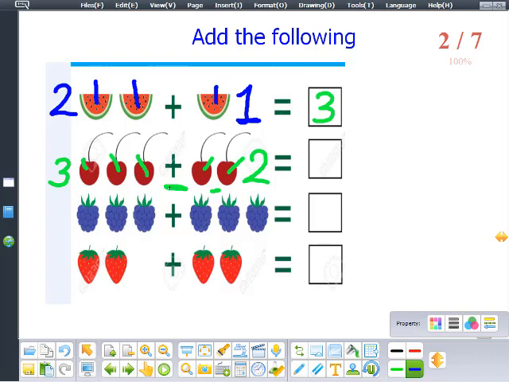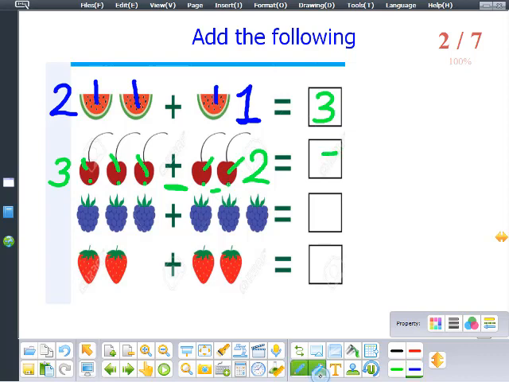Now let's count all of them to add. To make addition, we count all the pictures. For example, 1, 2, 3, 4, 5. How many cherries do I have? Sorry, 5.